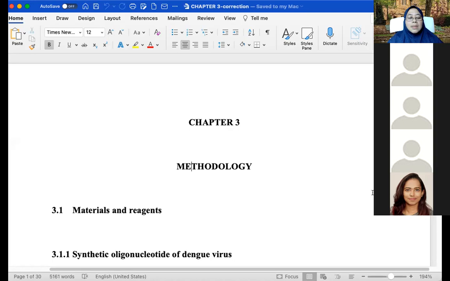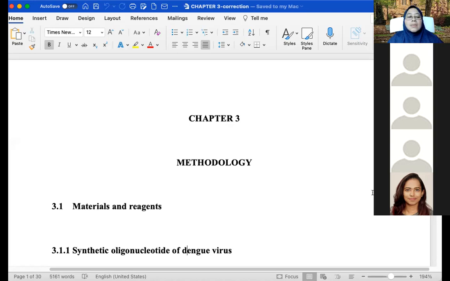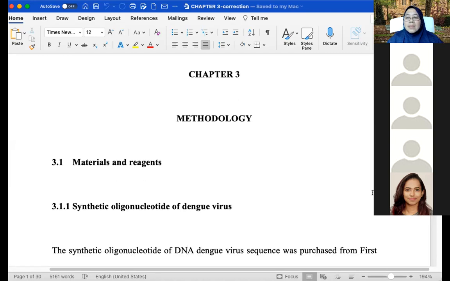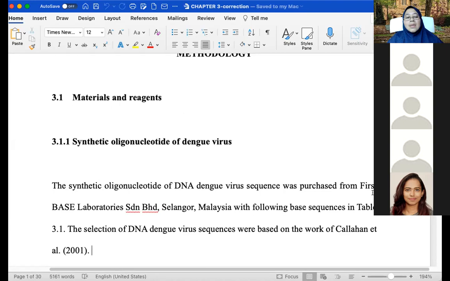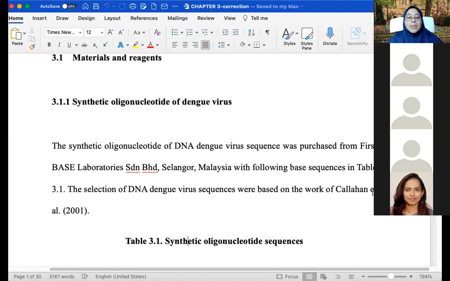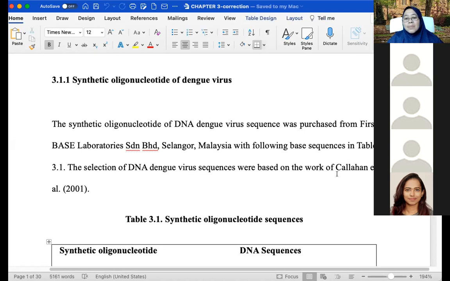You can see that you have to declare the materials and the reagents that you used. In this case, because he's using some bio-related materials, he has to declare from which company and which resources, and you can cite previous work if you adopt their method and then improve it.